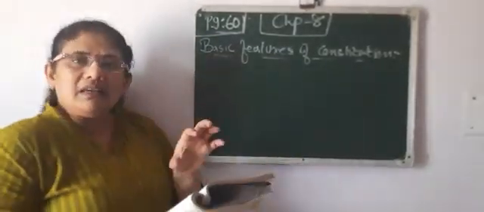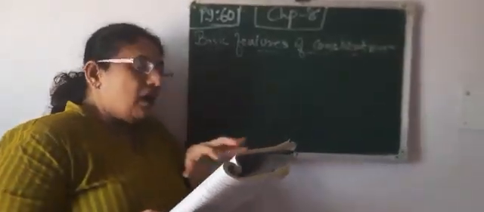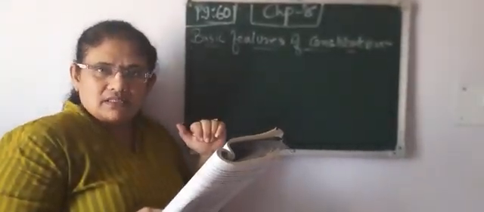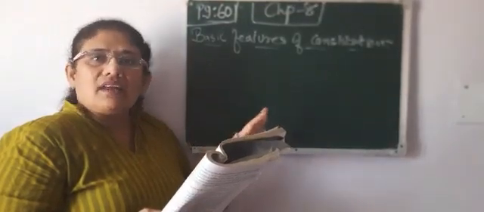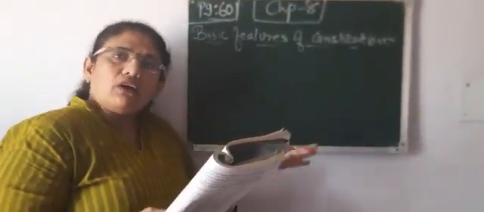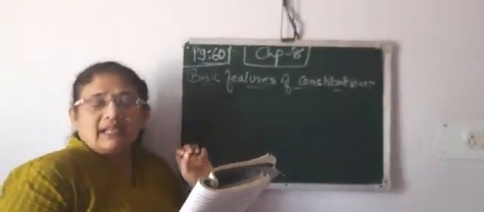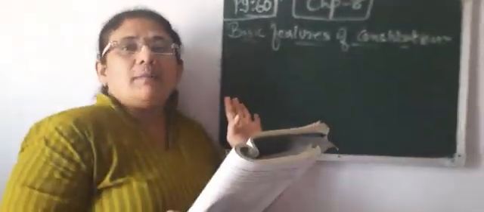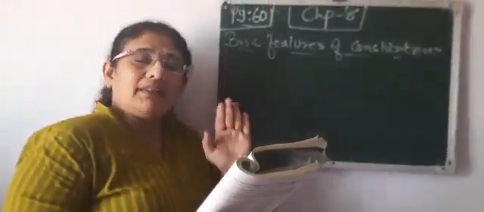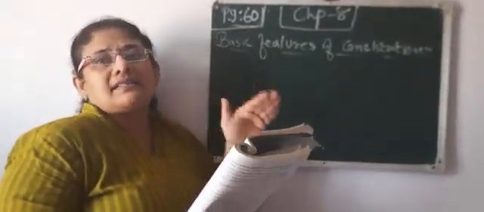What does it mean? For example, Gujarat is there or Maharashtra is there. Maharashtra cannot decide that we will rule in our own way. We cannot take whatever decision will be taken by the central government. They have to work under the central government.